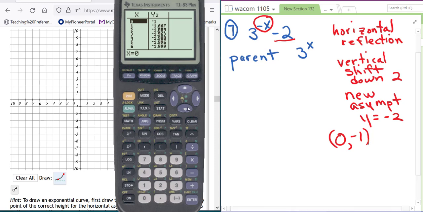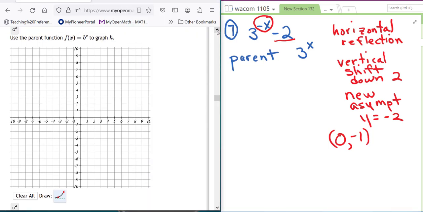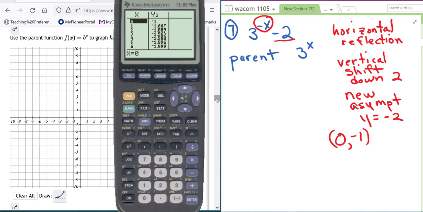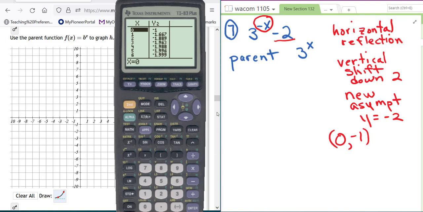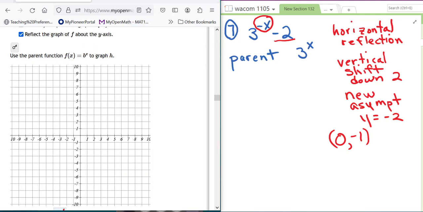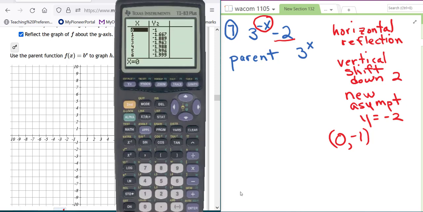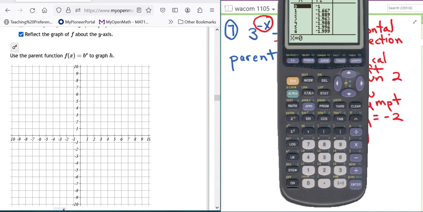Right, and I want another point, and I don't want to end up getting the asymptote. Whoops. So I don't want a point that gives me -2. These are going to end up eventually giving me -2, so I need to go the other way. All right, so pull this back up, put it over here.